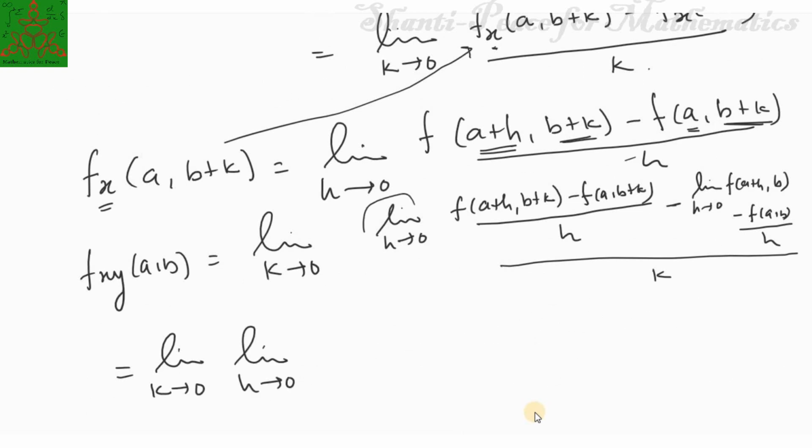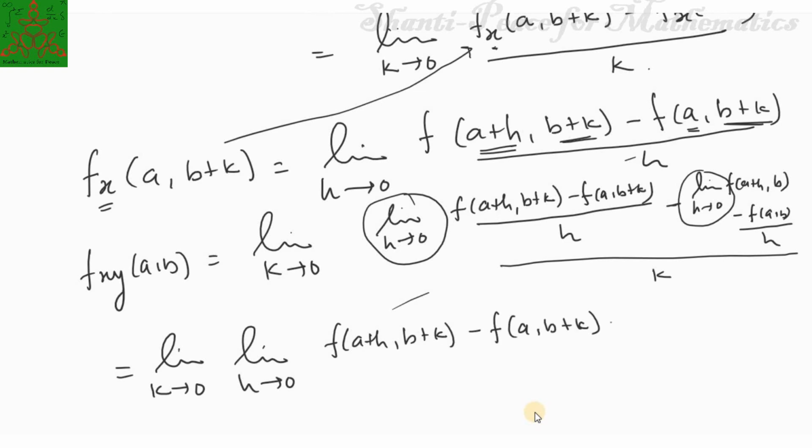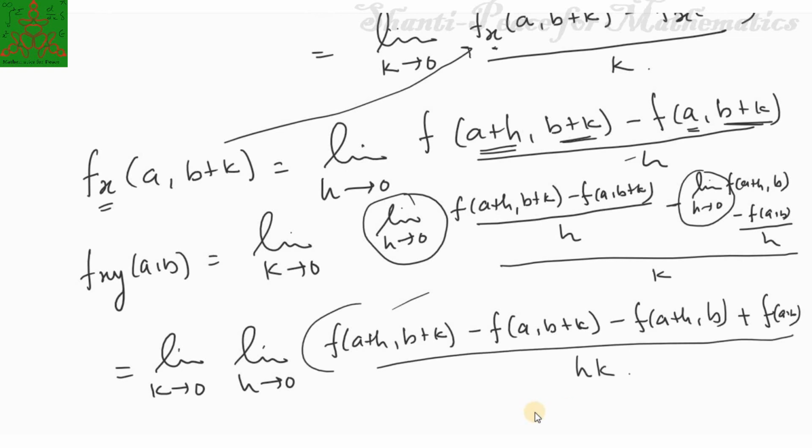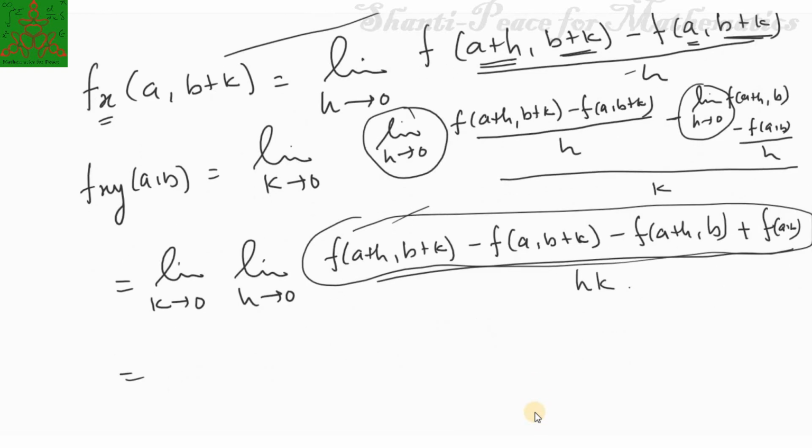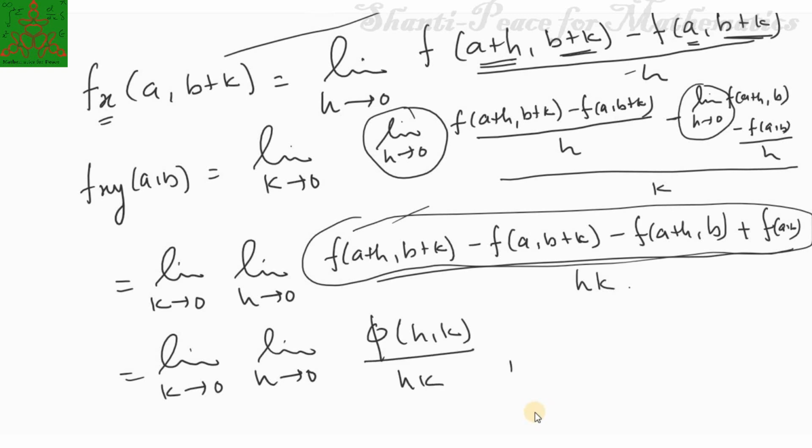If I call the numerator some function phi of hk, then you have the limit as k tends to 0, limit as h tends to 0, of phi of hk upon hk, where phi of hk is this function that we have.